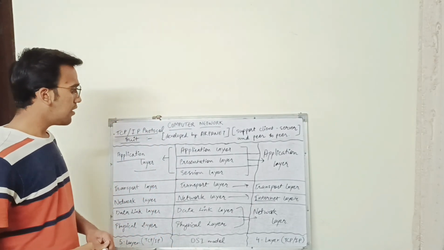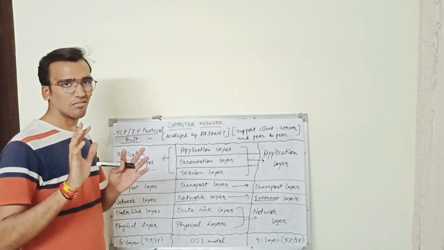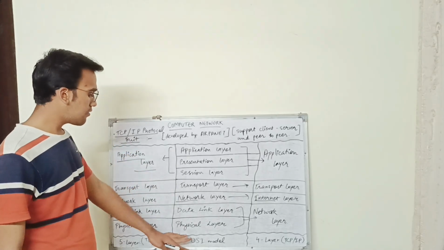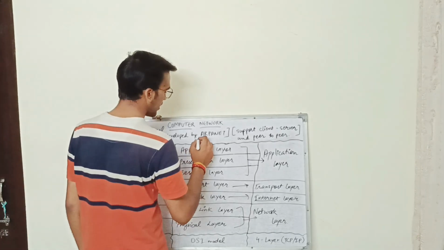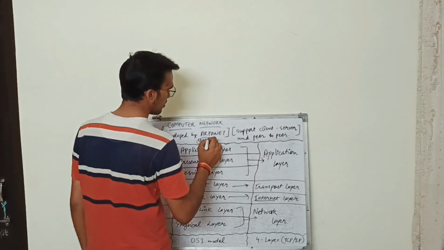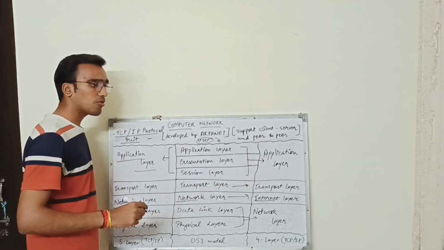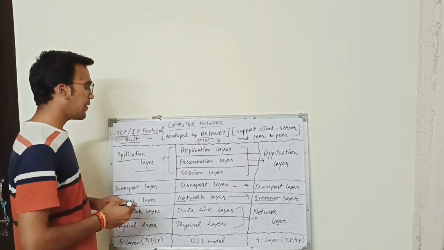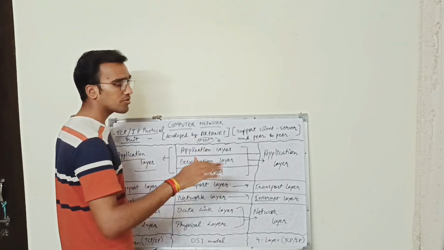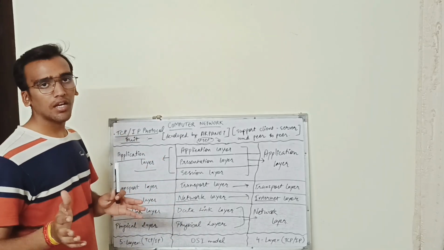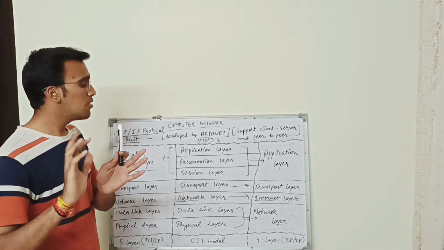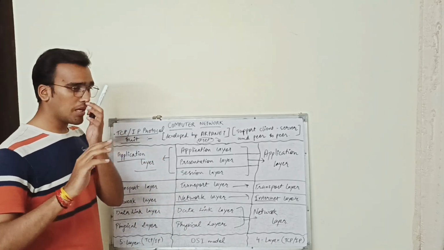Now I will give you a short brief of what these layers do. For example, there is a user who sends data and wants to process something. The work of the application layer is to process the request. In transmitting data, it goes through multiple layers.